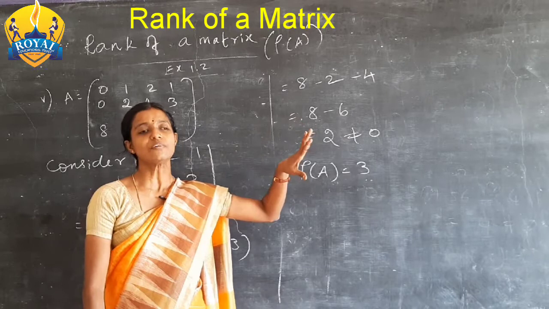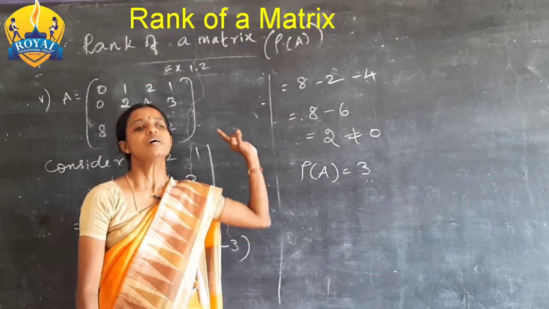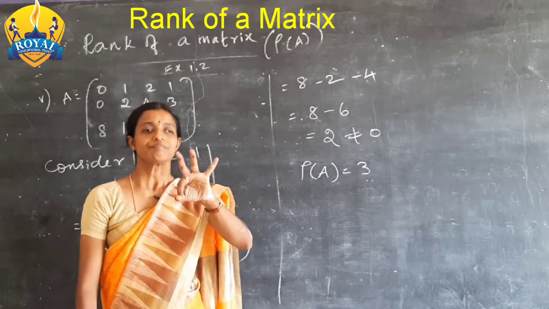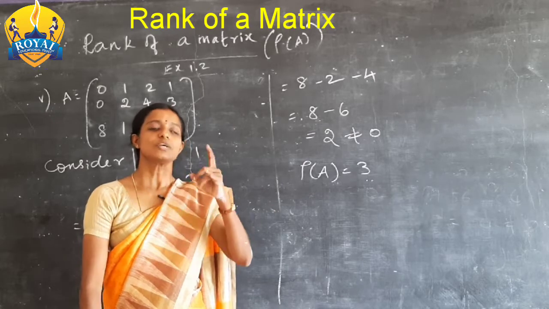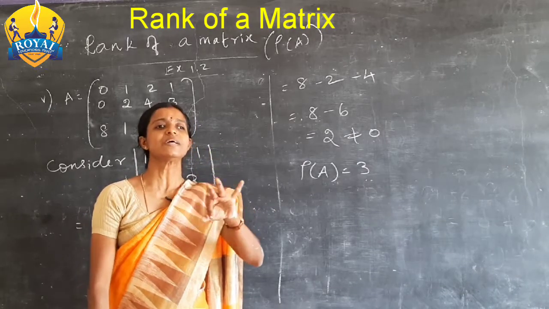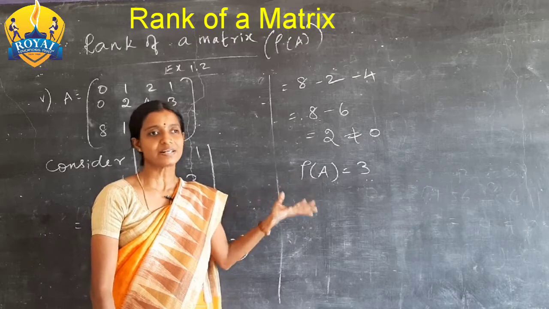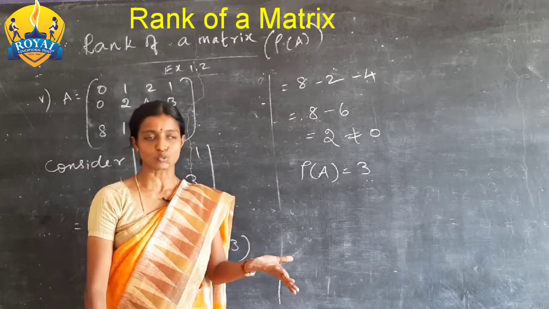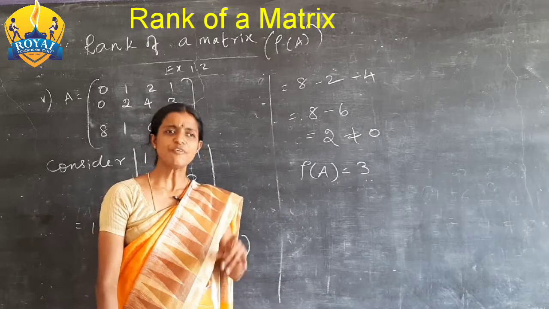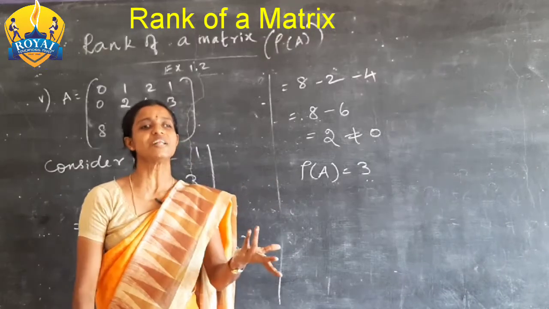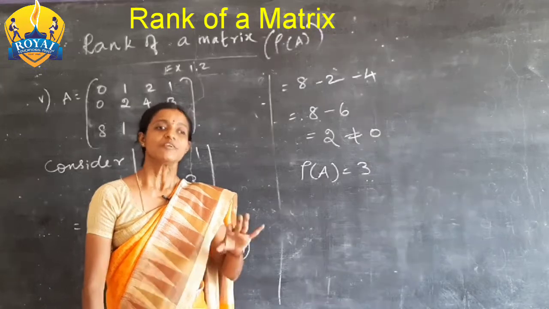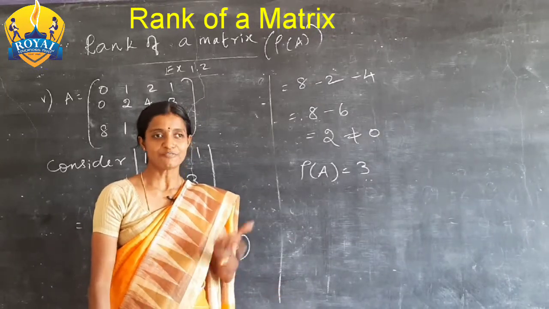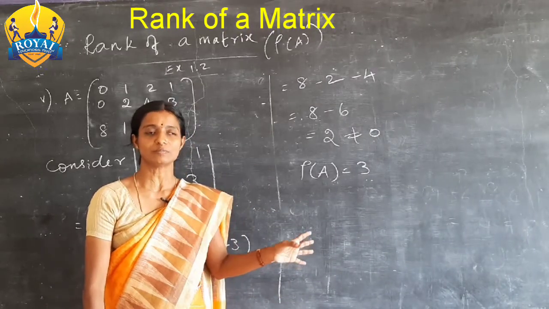If I have a 3 cross 4, my highest order will be 3, then 2, then 1. If at least one 3 cross 3 minor does not vanish, my rank is 3. If everything vanishes, then I go to 2 cross 2. If at least one 2 cross 2 does not vanish, my rank is 2. If everything vanishes, then definitely the rank is 1.